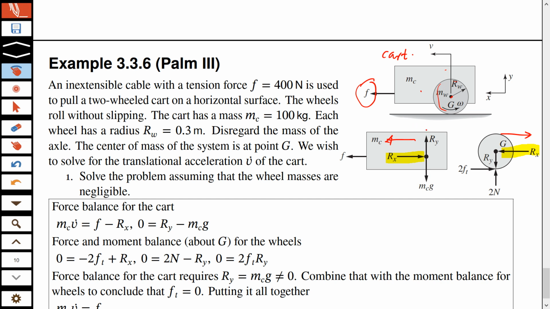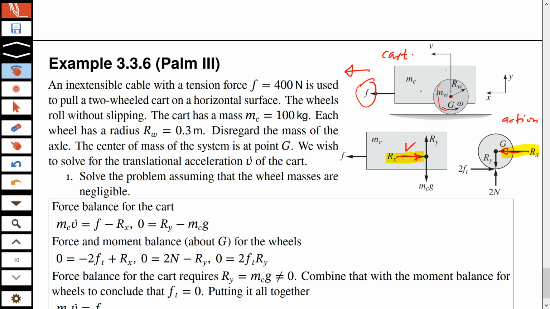So the axle will try to push the wheel towards the left, because this force is towards the left. So that is the action on the wheel by the cart, and the reaction of that will be opposite. So the wheel will try to apply another reaction that is opposite.